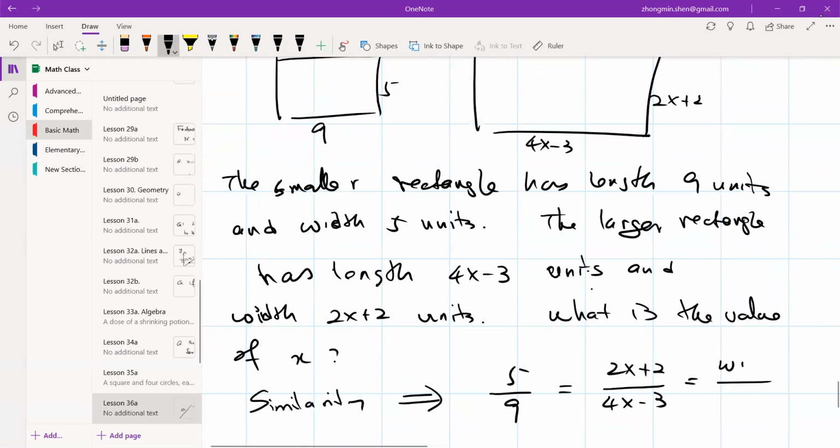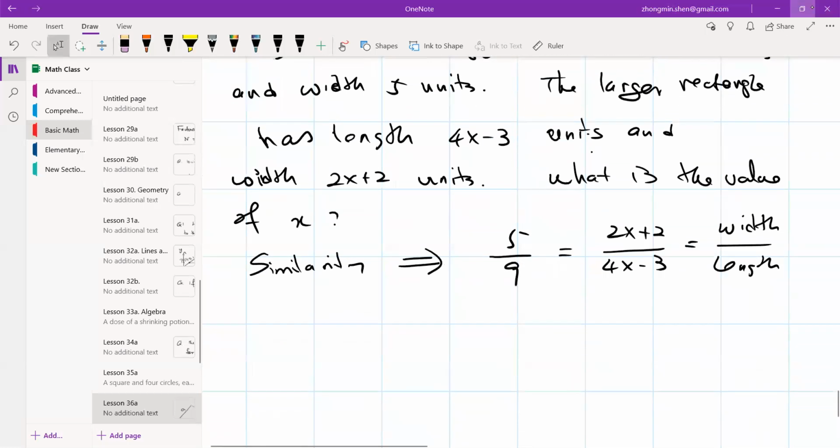The width over the length should be the same, because these two rectangles are similar. So from here, you solve for x. You get a linear equation: 5 times (4x minus 3) equals 9 times (2x plus 2).